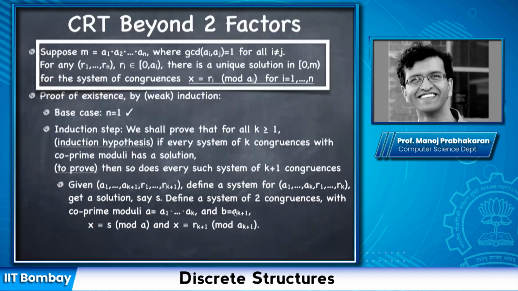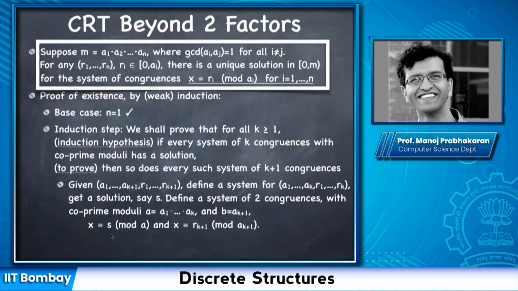And the reason for that is AK plus 1 did not have any common factor other than 1 with any of these A1 to AK. So it doesn't have any common factor with their product either. Right, so A and B do not share any prime factors or any factors greater than 1.